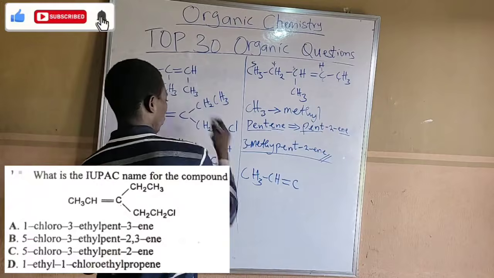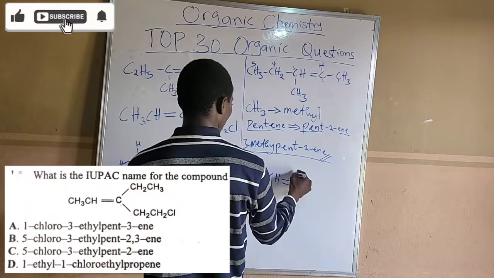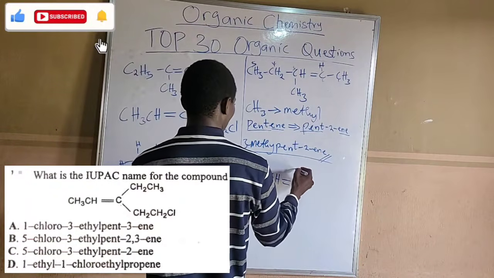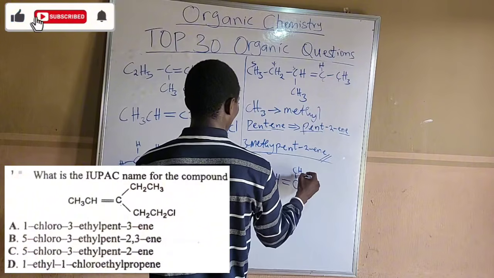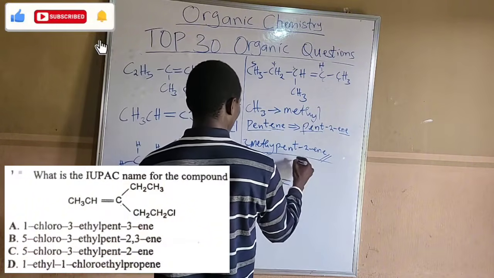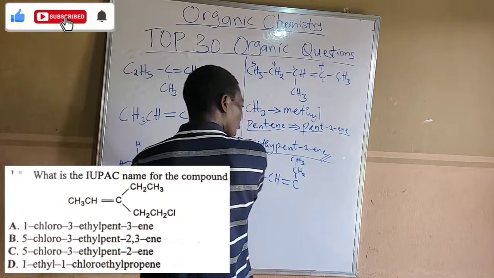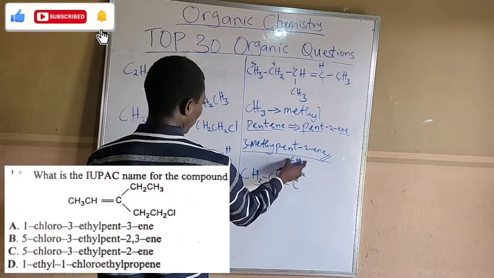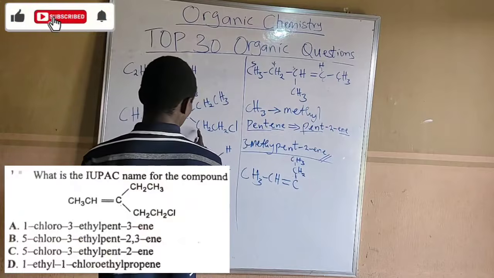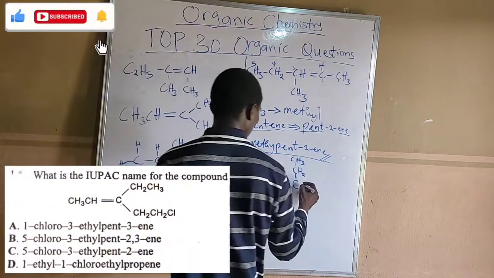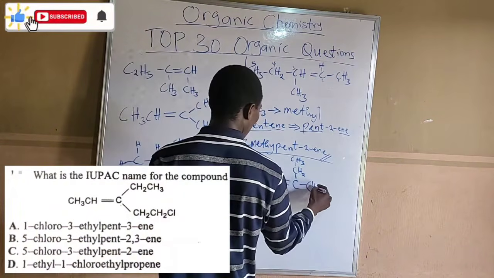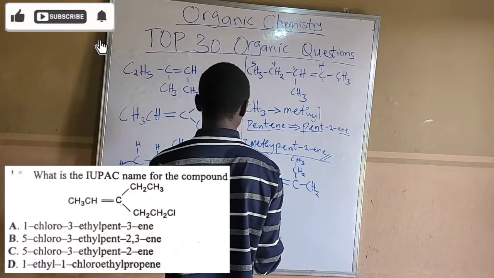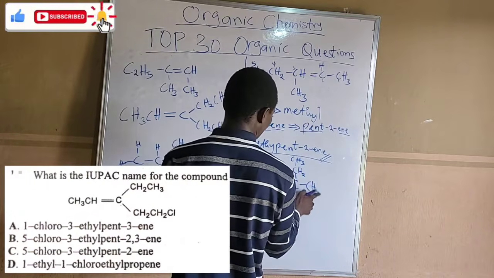So I want to bring this one on top, which will be CH2. I can also write as CH2, CH3. Now, this CH2 and this CH3, they are the one here. This carbon is this. Or I can rewrite it as this.